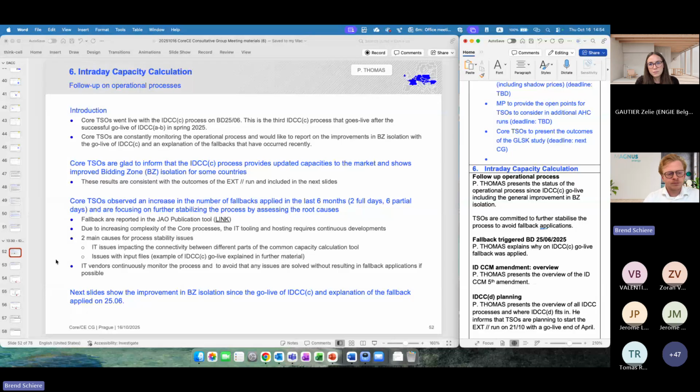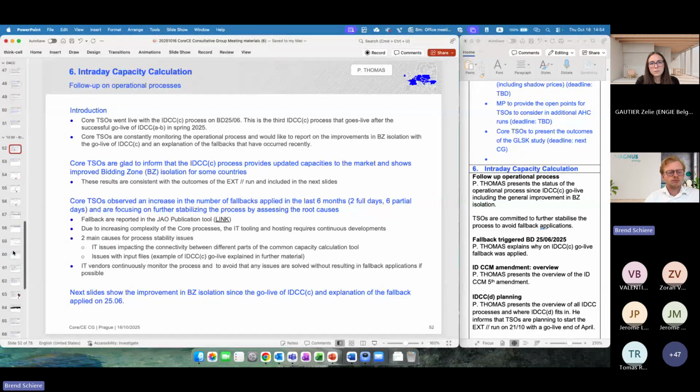There are 2 main reasons for the stability issues. One is an IT issue: the tool itself has some connectivity issues. This is something we also need to improve on the IT side. But there are also some more operational challenges. Sometimes input is missing for the process. Overall, the ID process is quite challenging because we don't have much time to perform it.